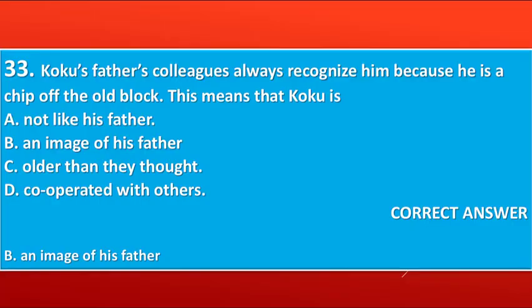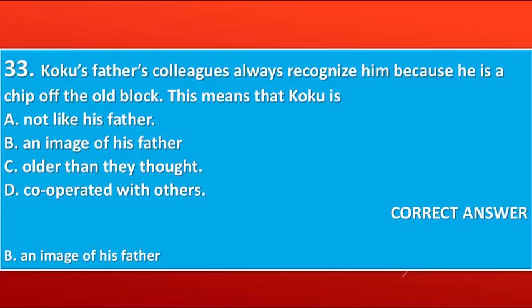Question 33. Koku's father's colleagues always recognize him because he is a chip off the old block. This means that Koku is A. not like his father. B. an image of his father.